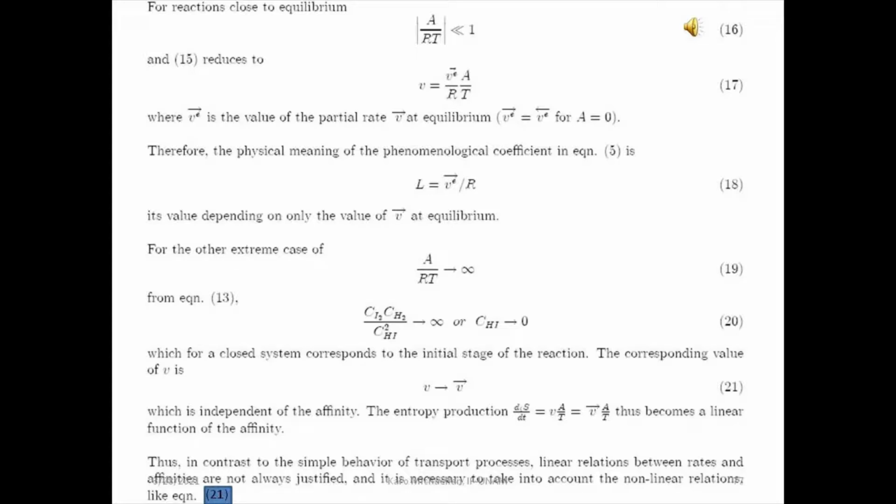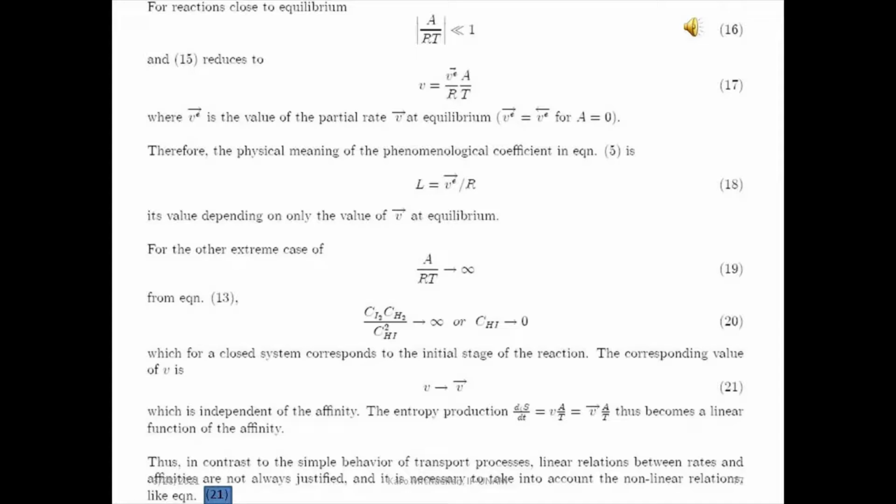So this V with superscript E, which refers to equilibrium, is the value of the partial rate of the velocity at equilibrium. Remember, we have a rate in the forward direction and a rate in the backward direction. And at equilibrium, these two are equal, and so therefore the affinity is equal to 0, as we stated before.